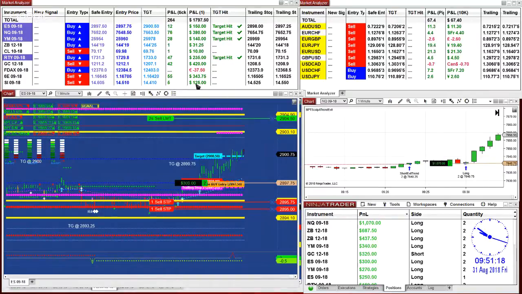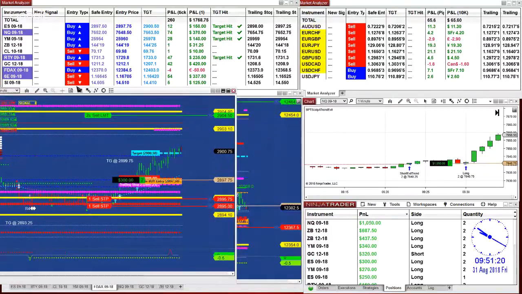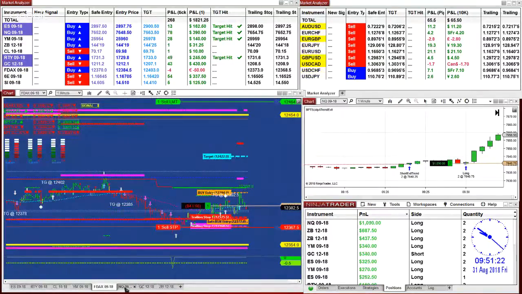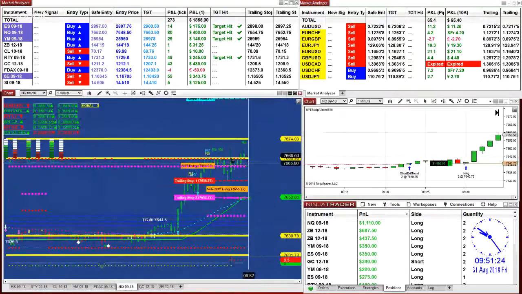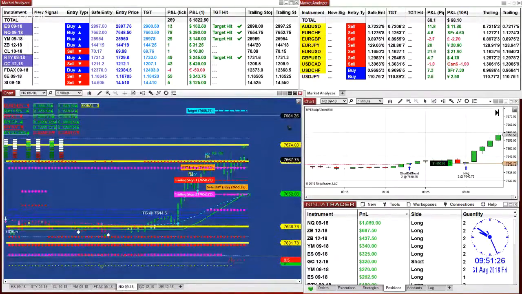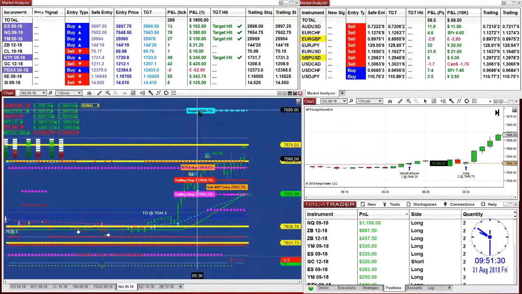Let me put up the Nasdaq. The Nasdaq already hit the target earlier today, and this is the new target. One of the things is the difference between the market analyzer and the chart. The chart is always updating the targets, the entry point, and the re-entry point.